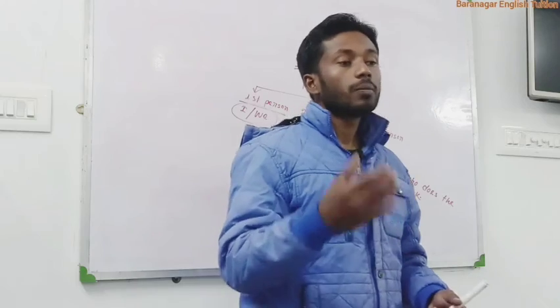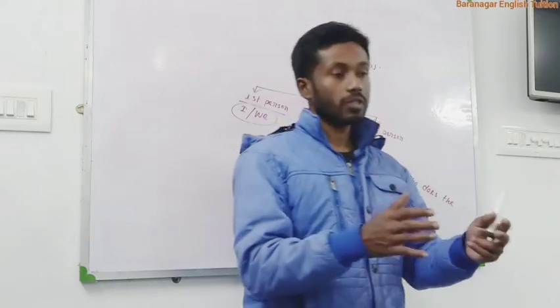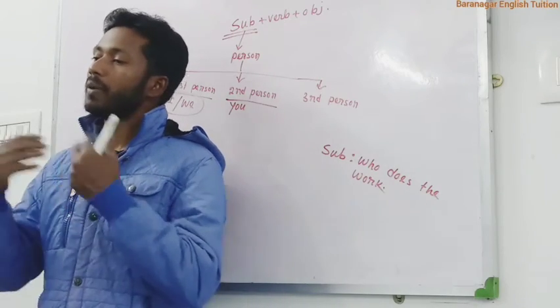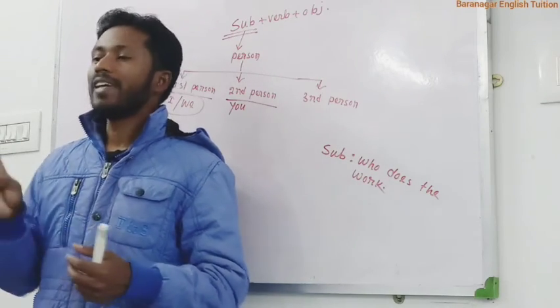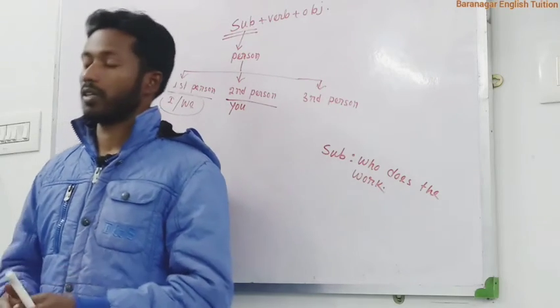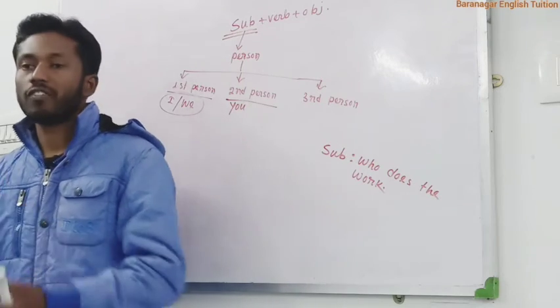Now what third person is? This is the simplest thing to understand. Since we know now, it is very clear to us that I, we, they are the first person, and you is the second person. Now what third person is?